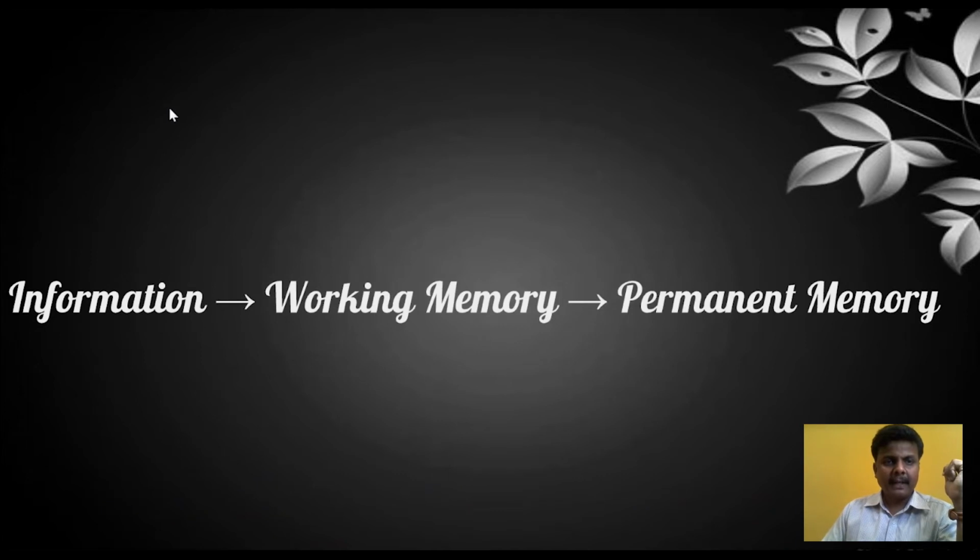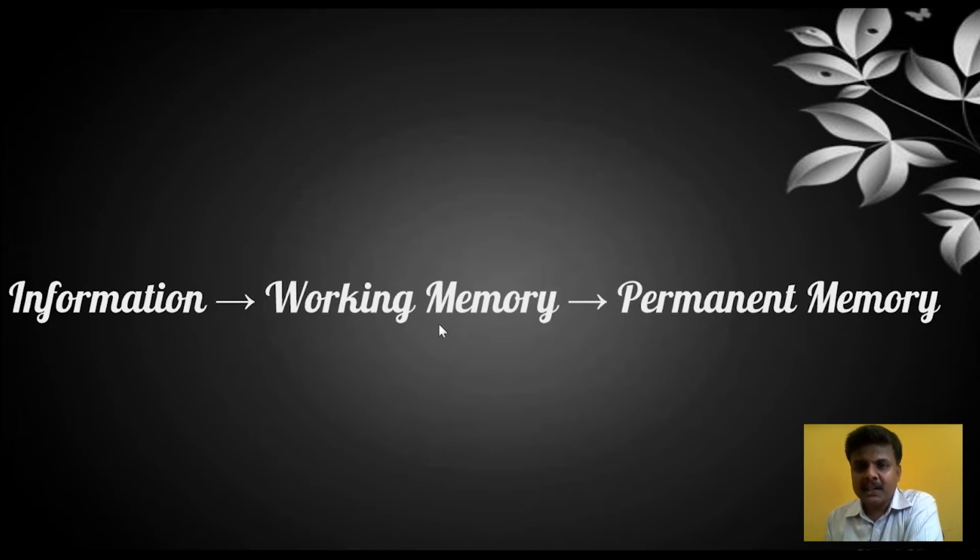I have already given you the learning process, steps involved. So any information is known. And when it is in working memory, this is where you comprehend. I have understood the information. So information is stored. But stored where? You can see on your screens.